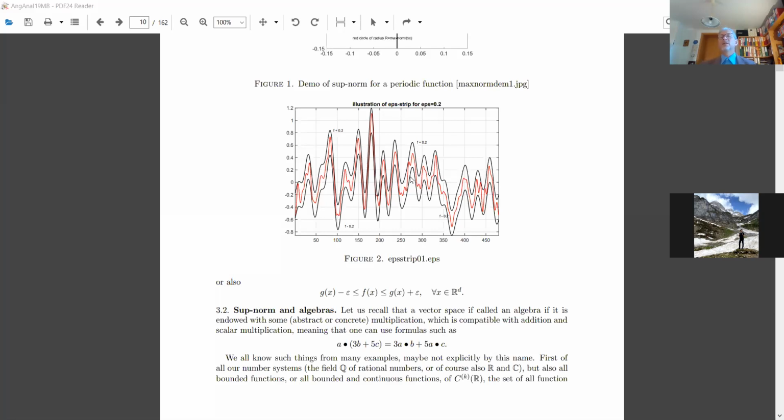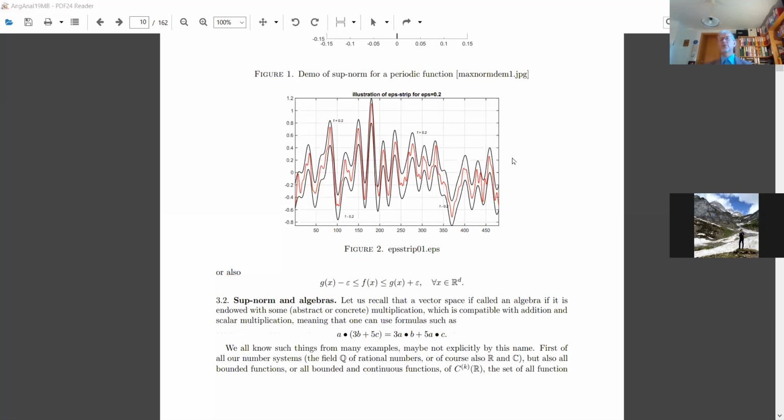We will see that this is the famous Gibbs phenomenon. If you recover a rectangular box function from its Fourier coefficients, you will have some overshoot. So it will not be within the epsilon strip, but the overshoot occurs only in very small areas near the jump points of this box function.